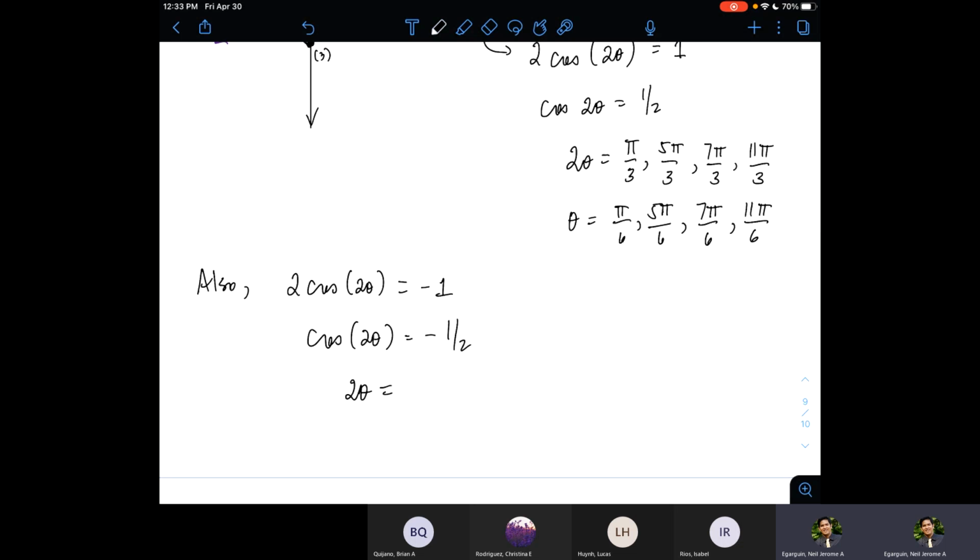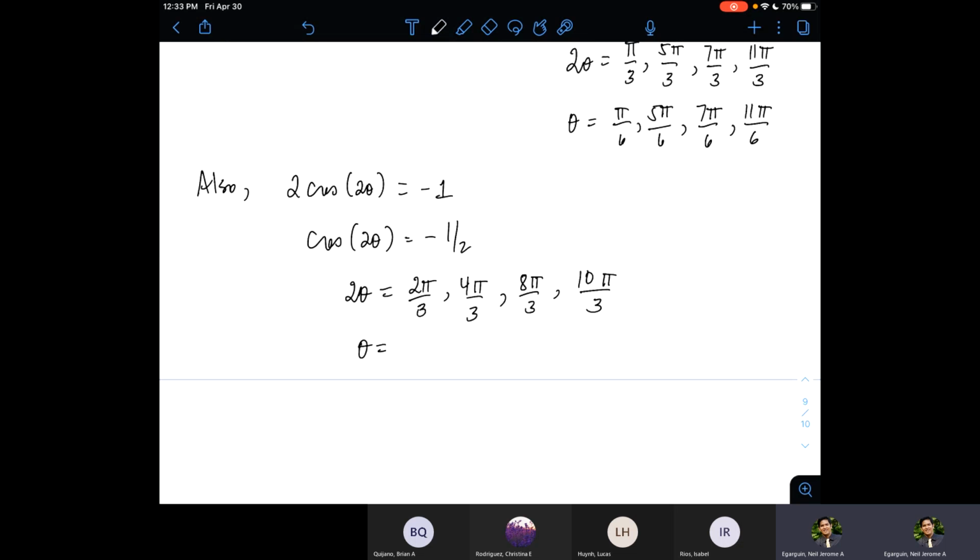It would be at 2 pi over 3 and 4 pi over 3. Okay, and then another revolution will bring us to 8 pi over 3 and 10 pi over 3. And then we divide both sides by 2, so we get pi over 3, 2 pi over 3, and then 4 pi over 3, and 5 pi over 3.